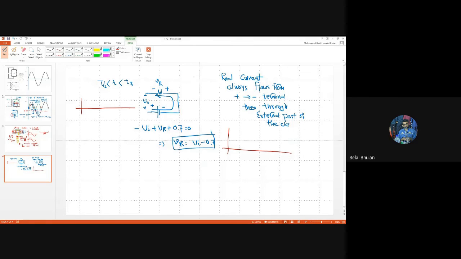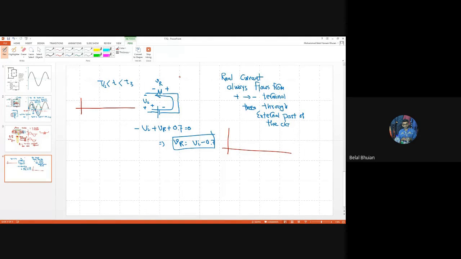So each cycle we have to go through how many diodes? For each cycle, altogether there are 4 diodes, but in each cycle you have to pass through 2 diodes.